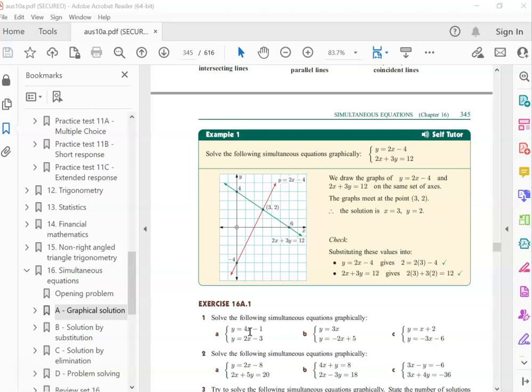And the other way is x and y-intercept. So you find your x-intercept. How do you find your x-intercept? You make y equal 0 and solve. How do you find your y-intercept? Make x equal 0 and solve. And then you plot them, and you have to read off your graph where they intersect. Now there's a problem with that. Why? What do you think the problem is?